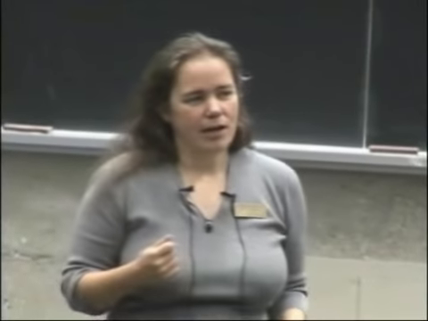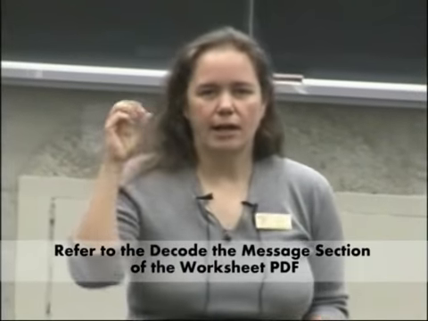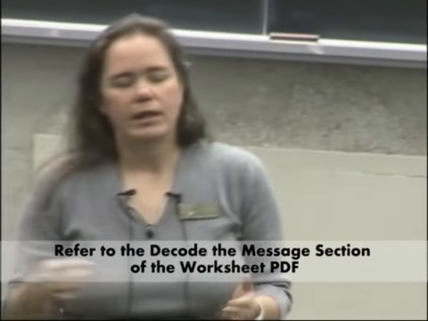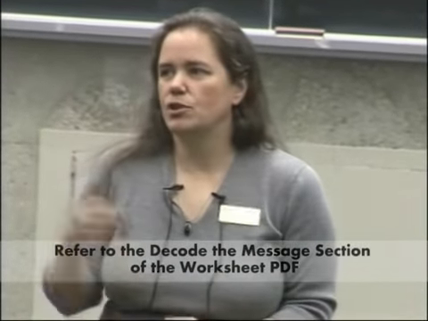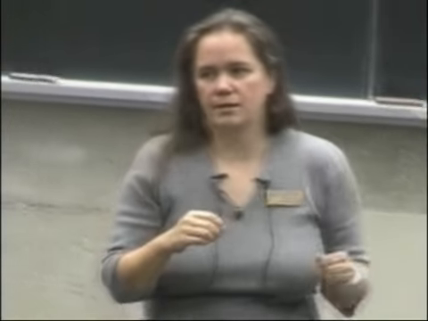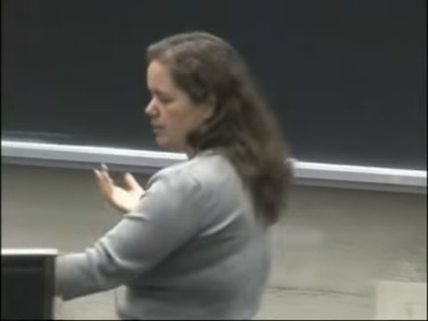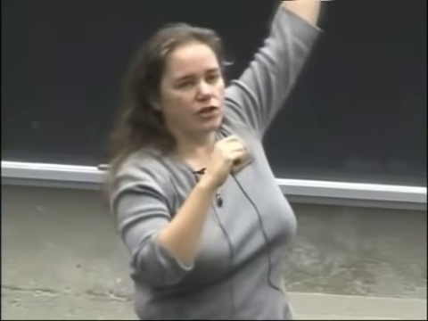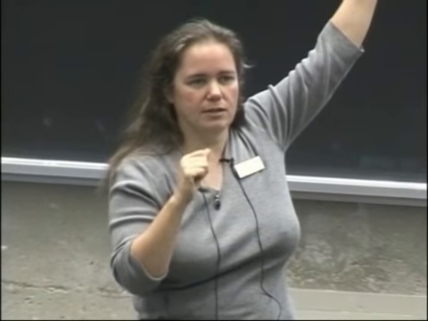So the second part of the activity is to take an encoding, a series of bits, and figure out what the message is. The easiest way to do that is to use the tree. You start reading off the bits in your message. I don't have the message up on my slides here. But as you read the message, you start at the top of the tree. If the bit is a 0, you go to the left.